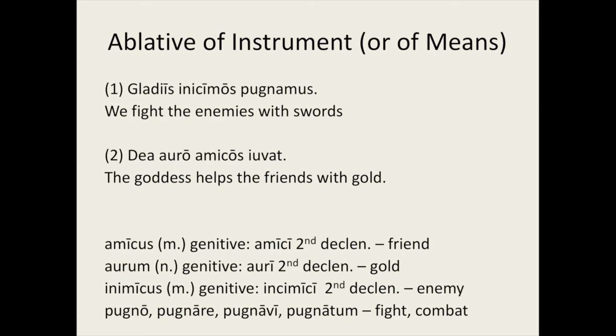We also have number 2, Dea auro amicos iuvat. The goddess helps the friends with gold. The goddess uses gold as a means of helping the friends. Iuvat could also be translated as saves or favours or gives aid to.